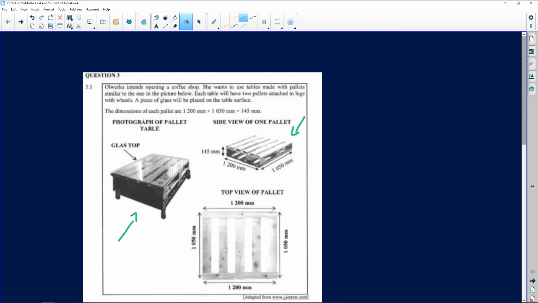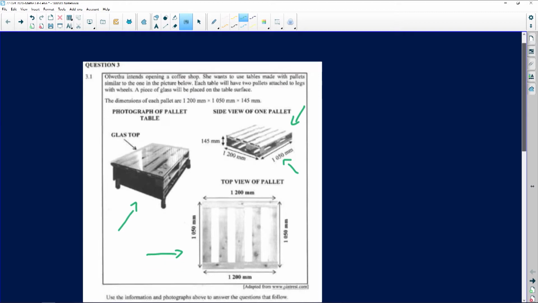The dimensions of each pallet are 1,200 millimeters times 1,050 millimeters times 145 millimeters. So we've got the dimensions nicely put here as well, so we don't have to struggle in terms of that. Basically, the perimeter is not really given, but it's the sides of the pallet that are given to us.